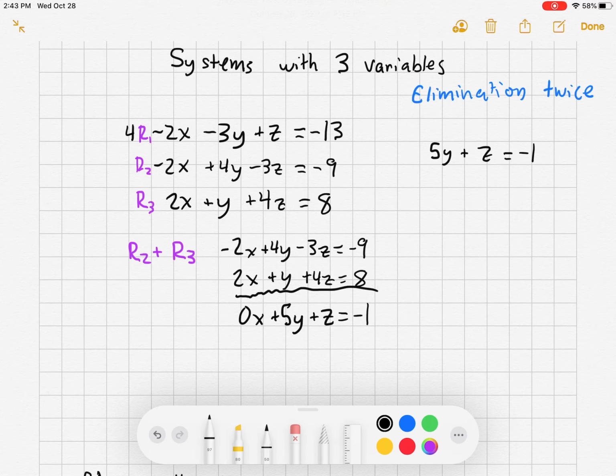Let's go ahead and try the exact same thing, but instead of adding row 2 and row 3, let's add row 1 and row 3. I think if we add those two equations together, we would also get rid of the X column. So let's do it. I'm just going to go ahead and rewrite it.